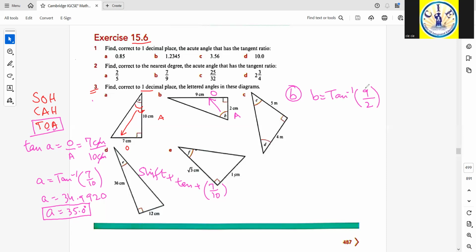Which gives an angle of 77.471. So the angle up to one decimal place is going to be 77.5 degrees.